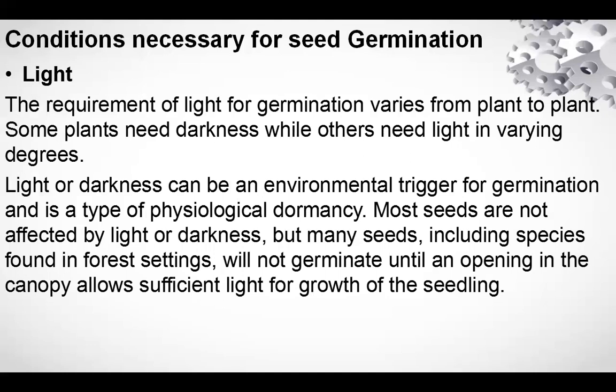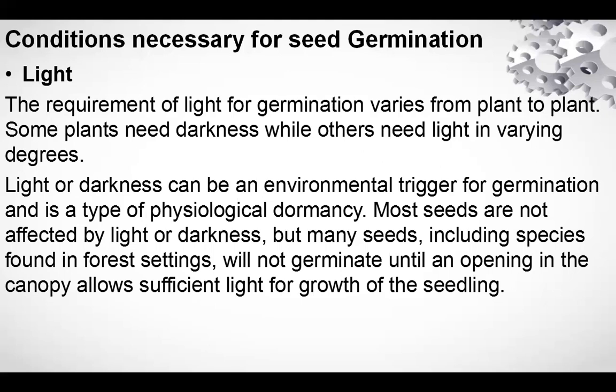Most seeds are not affected by light or darkness, but many seeds, including species found in forest settings, will not germinate until they are in the opening. The canopy allows sufficient light for the growth of these seedlings. So those are the few conditions necessary for seed germination.